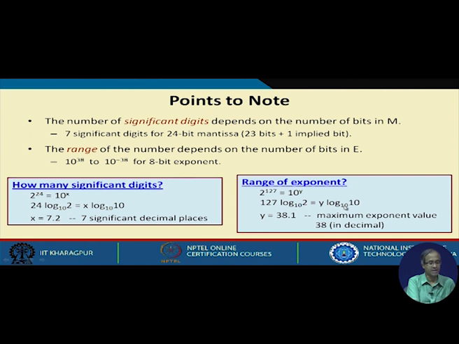If you similarly calculate, you will find y comes to about 38 point something. So in decimal, equivalently you can have maximum exponent value as 38, which means in single precision you can represent up to 7 significant decimal places, and the range of the number can be 10 to the power 38 to 10 to the power minus 38, right.